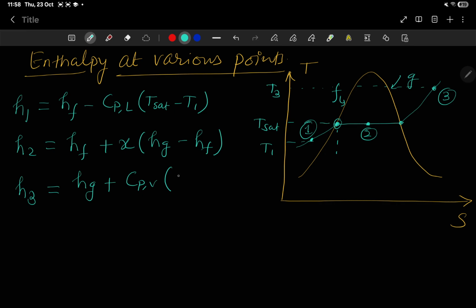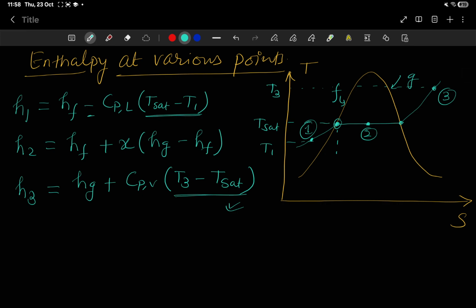Keep this value as positive. See, here we have already written a minus sign, so just keep this value as positive, right? So we get enthalpy at various points.